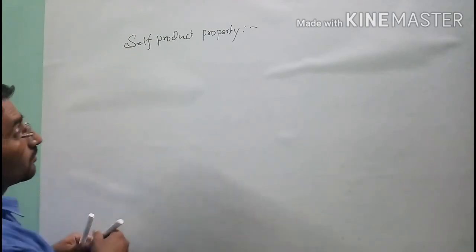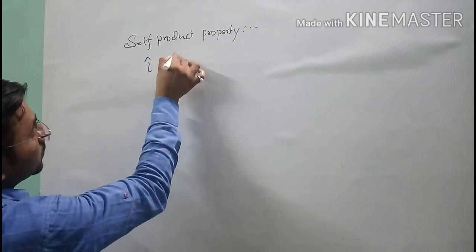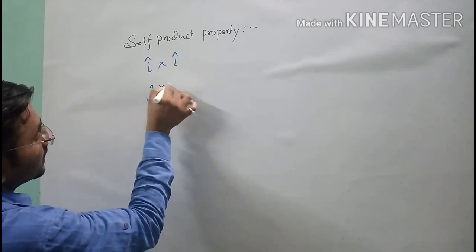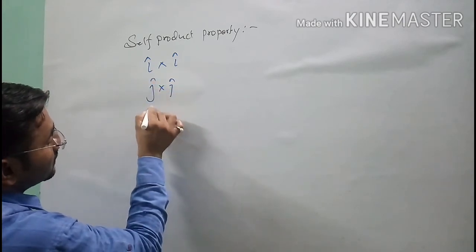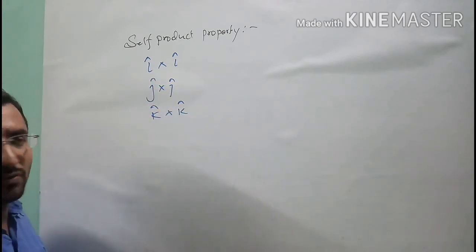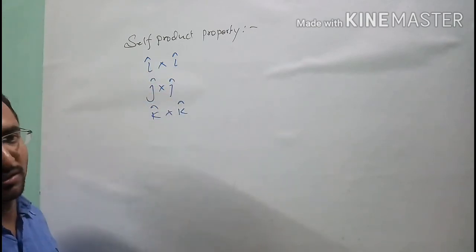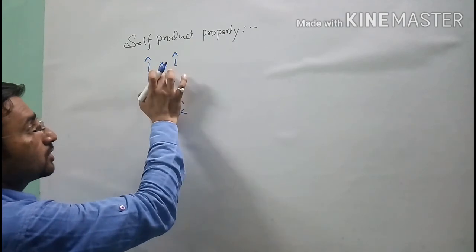So see here, once again, listen carefully, in this property I will do i cross i, j cross j, and k cross k, and we will see what the value of the self cross product will be. It is called the self cross product.